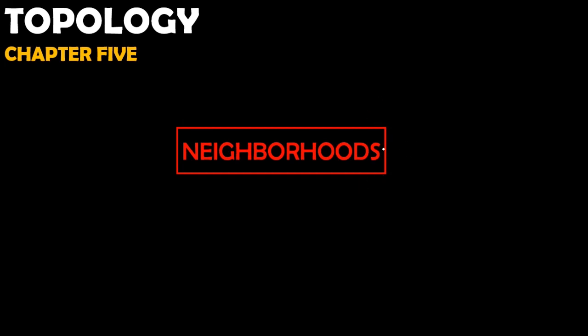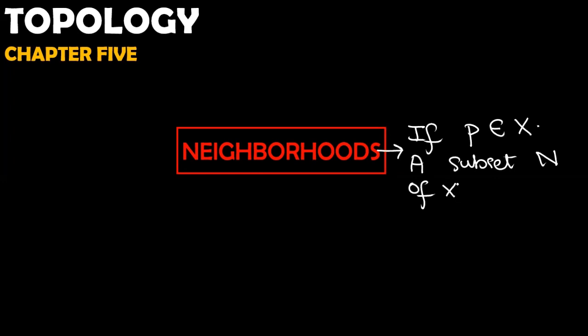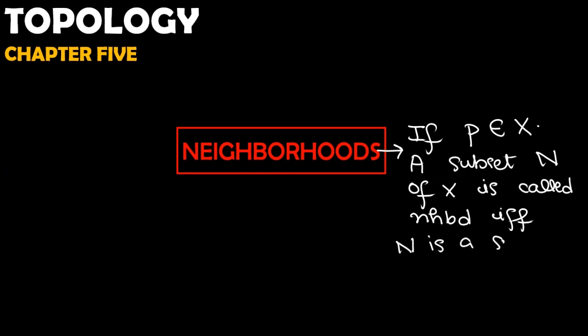So, the neighborhood in topology: if P is any point belonging to our topological space X, a subset N of X is called a neighborhood if and only if N is a superset of an open set G containing P.